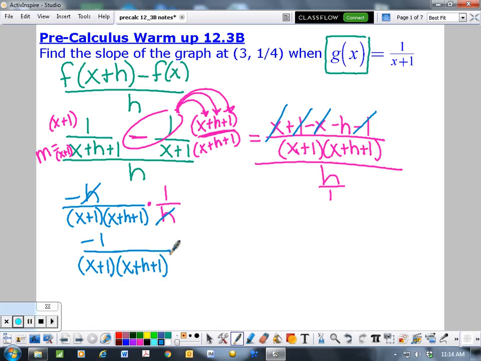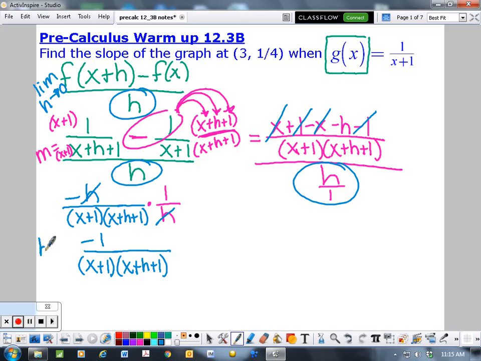Now we can apply the idea of the limit. This whole idea was really the limit as h approaches 0. We couldn't do that as long as we had this h on the bottom the whole time, because we were dividing by 0, which is undefined. We're always working to simplify that, so now we don't have just an h on the bottom.